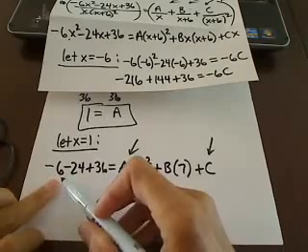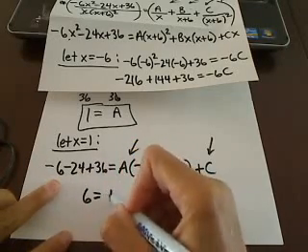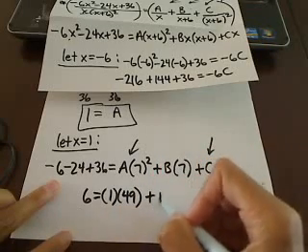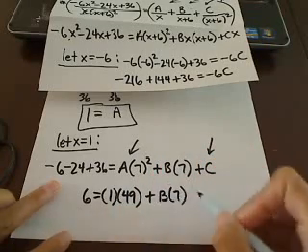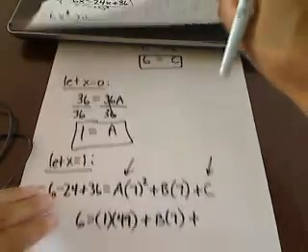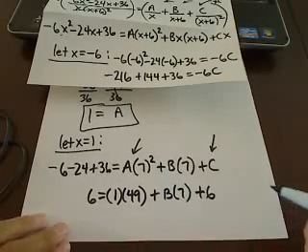So this over here is negative 30 plus 36, so that's 6, equals my a is 1, times 7 squared is 49. I'm looking for b. And then the c that I found was, what was c? Positive 6.